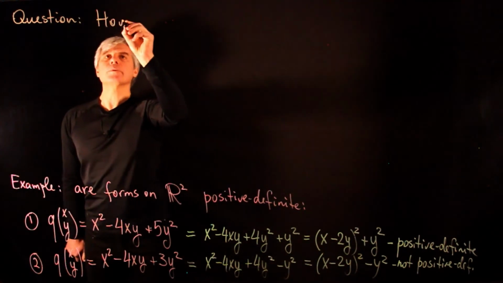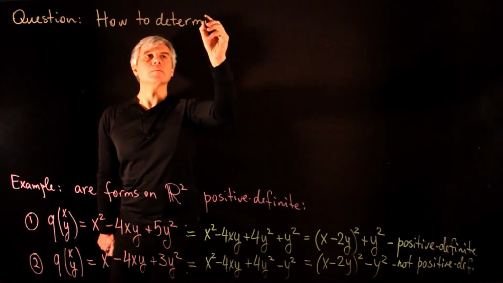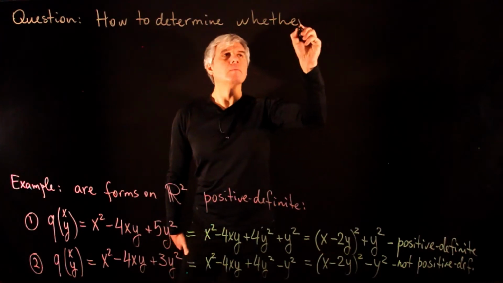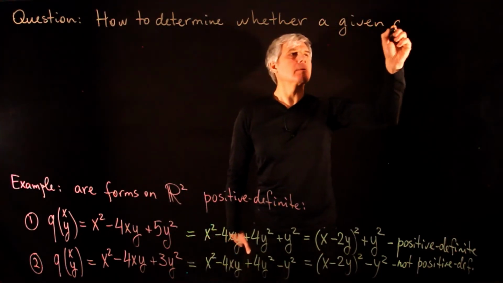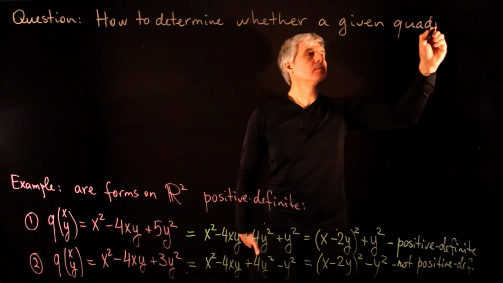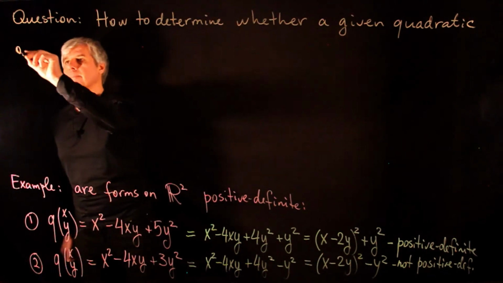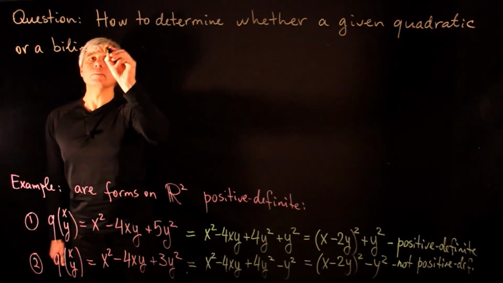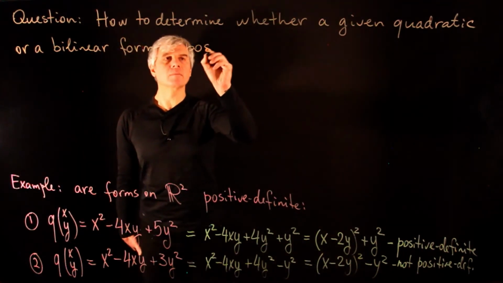So, how to determine whether a given quadratic or a bilinear form is positive definite.